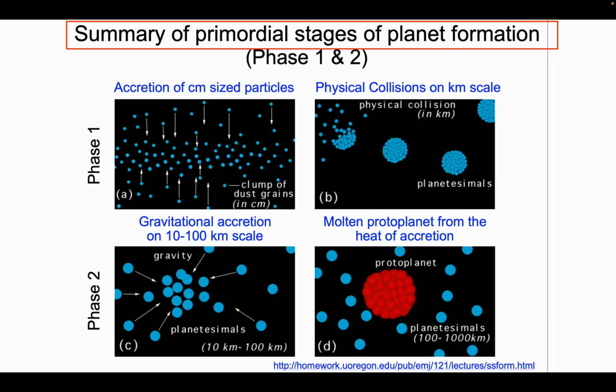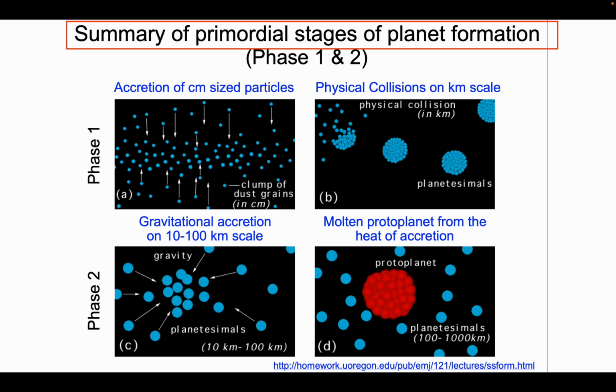So here is the short summary of phase 1 and phase 2. Phase 1 is the accretion of centimeter sized particles. Grains clump together. These particles are known as grains, of 1 to 100 micrometer size.